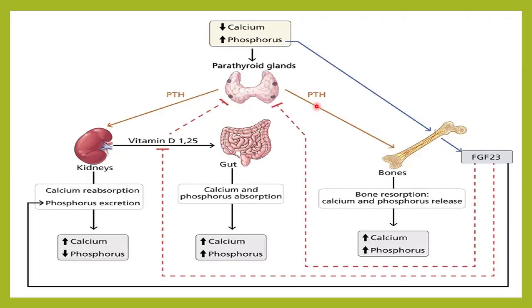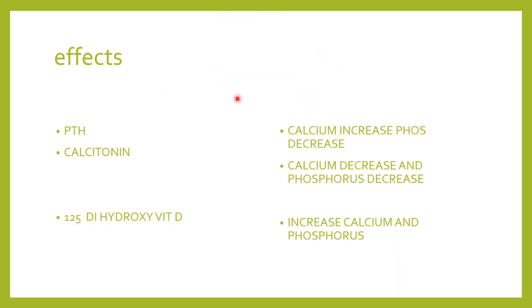It will also increase the absorption of calcium from the gut. It will stimulate the kidney and increase the reabsorption of calcium. So parathormone is a very important hormone, and it will increase the calcium and decrease the phosphorus level.